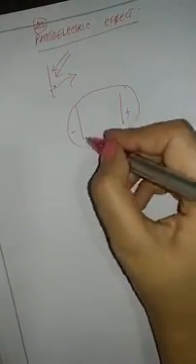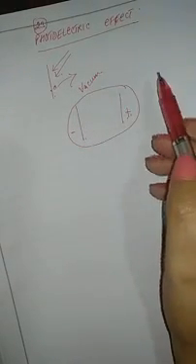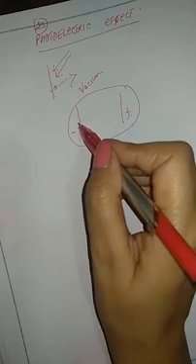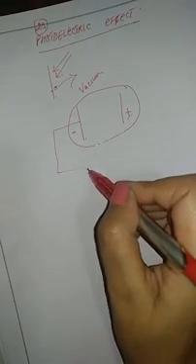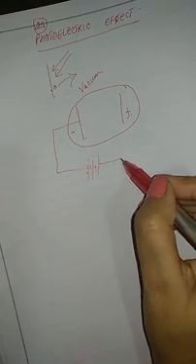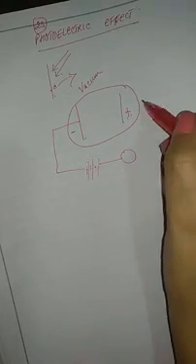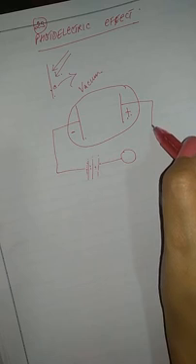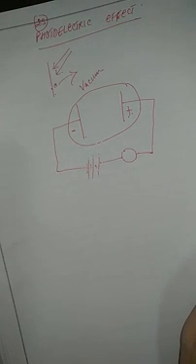It is kept under vacuum. This is a zinc plate kept under vacuum. Now this is connected to a battery, which is providing some potential difference, and a galvanometer from where we can see if the current is flowing in the circuit or not.